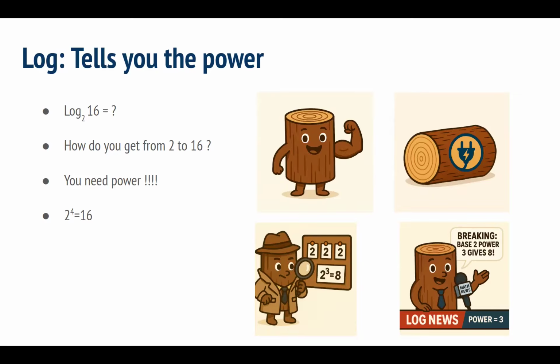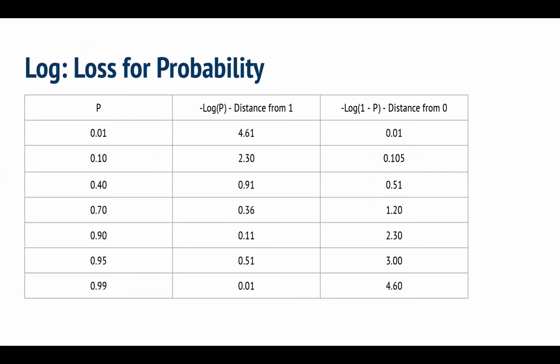And why do we care about the log function? Because the log function is good at quantifying our prediction accuracy for classification tasks. So let's see an example. As we have mentioned, in a classification task, an instance or a data point can belong to a category or it does not belong to a category.